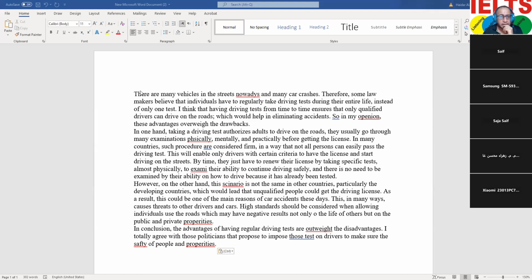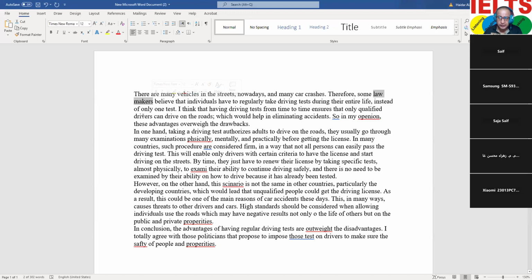Yes. Okay. There are many vehicles in the streets, comma, nowadays, another comma after nowadays, before and after. Okay. And many car crashes. Therefore, some lawmakers, it's not lawmakers, it's different in meaning.